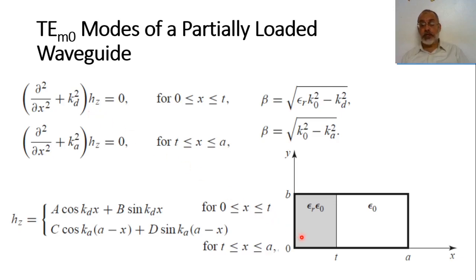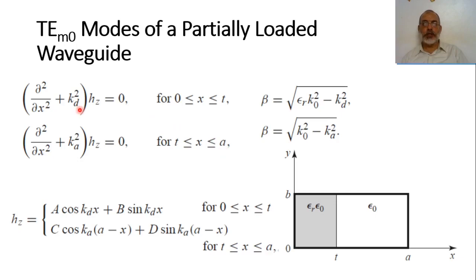The Helmholtz wave equation in this case would depend on epsilon r for x from 0 to t, and on free space from t to a. So the Helmholtz wave equation would be separated into two equations, one for x greater than 0 and less than t, and the other for x greater than t and less than a.